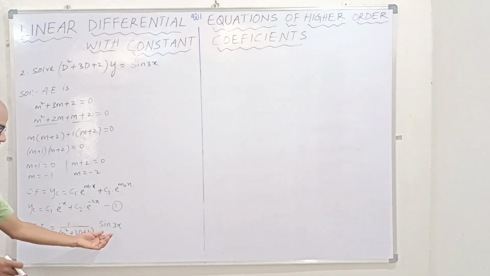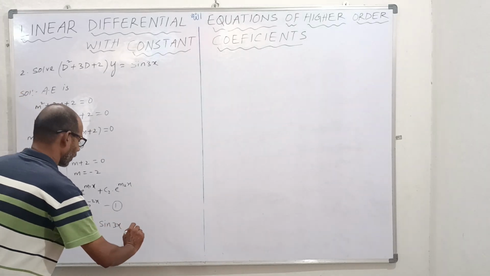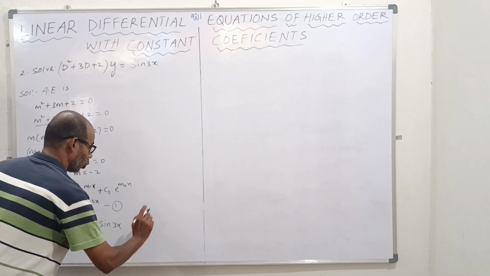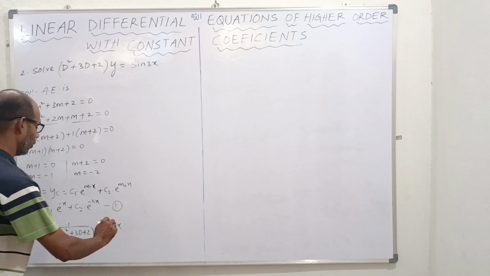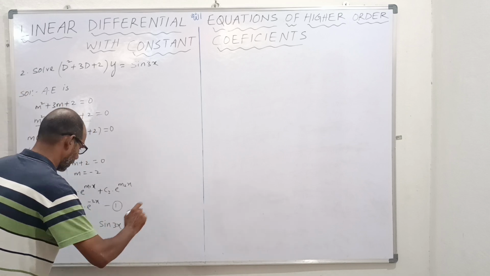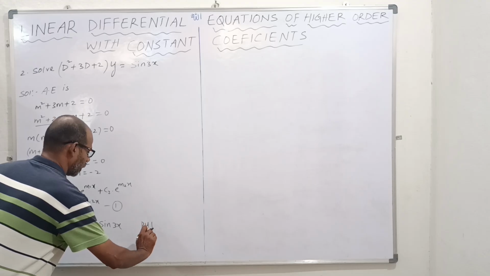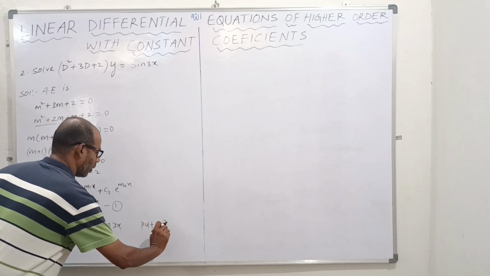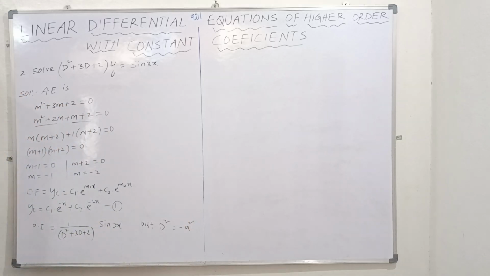Since the function is a trigonometric function, the procedure here is we will put D square is equal to minus a square.